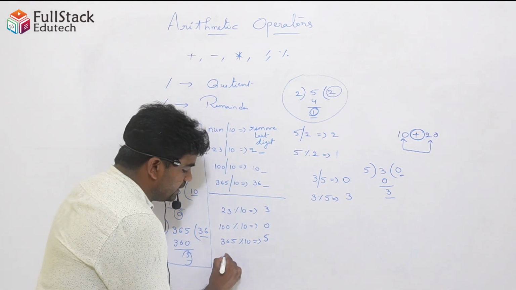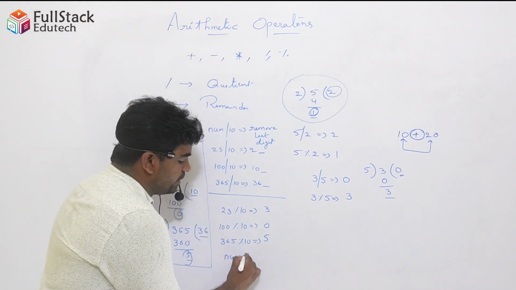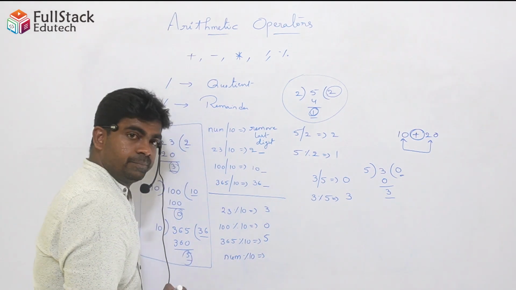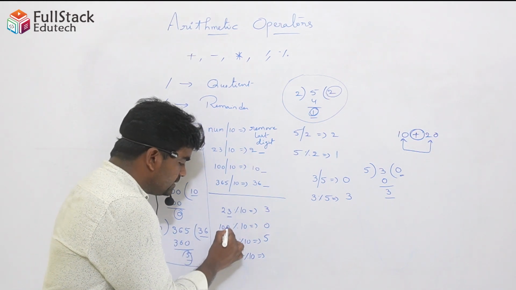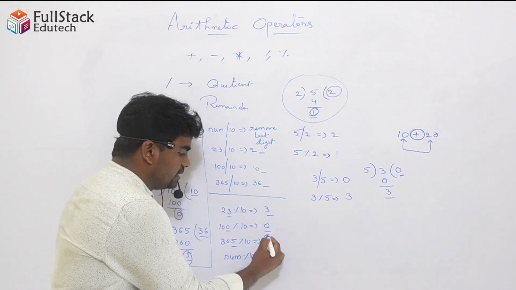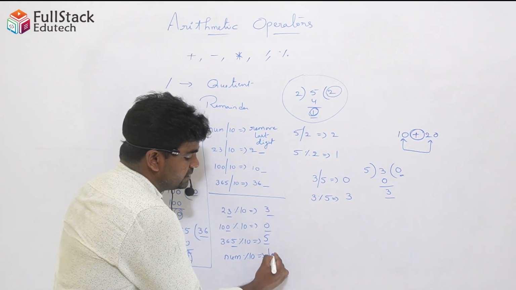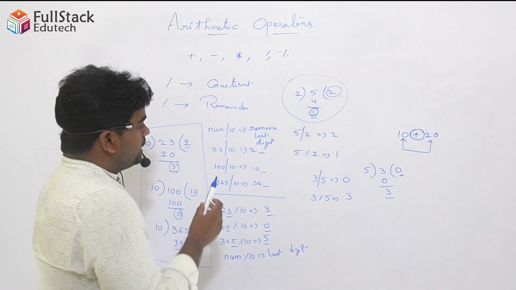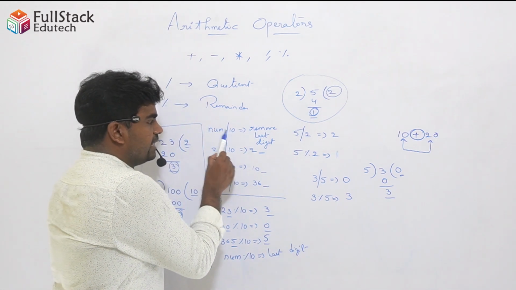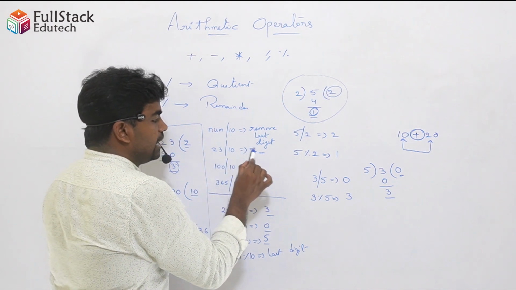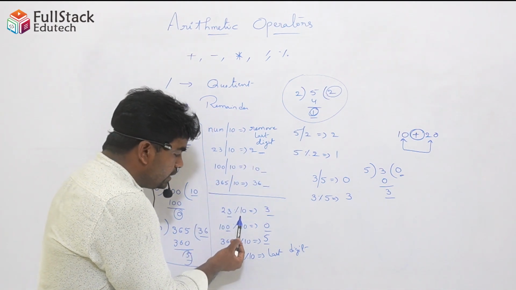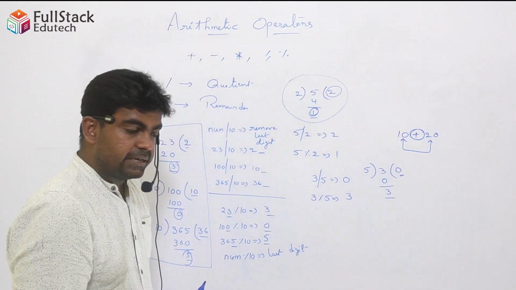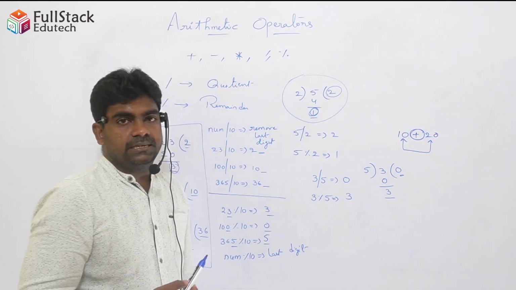So what is happening here? Any number you perform the mod operation with 10 will give the last digit of that number. Here, any number you divide by 10 will remove the last digit. Any number you perform mod with 10 will give the last digit.